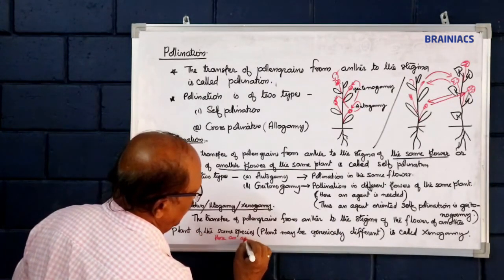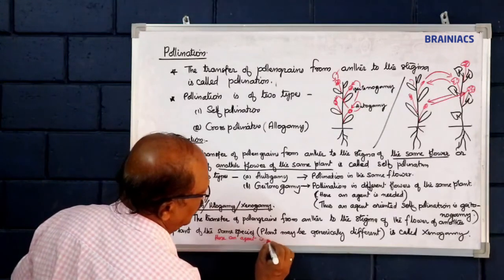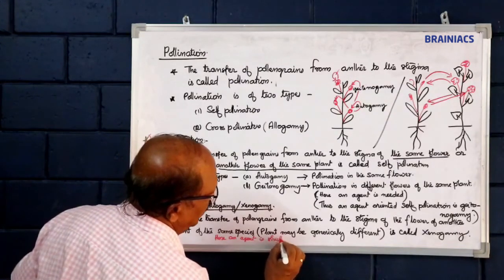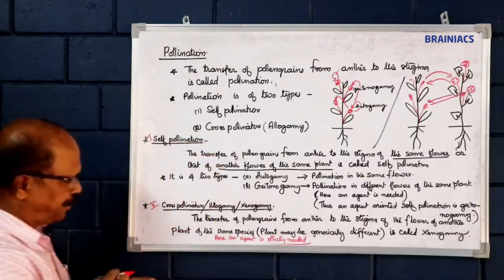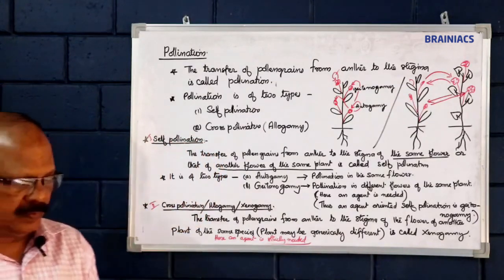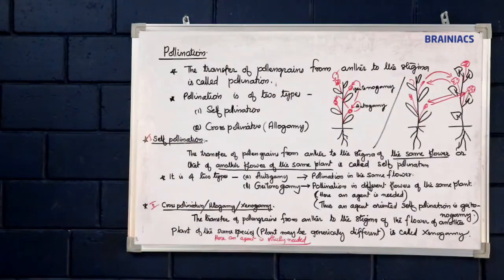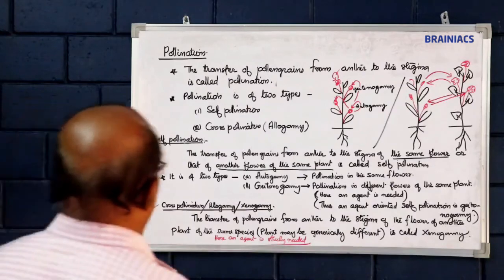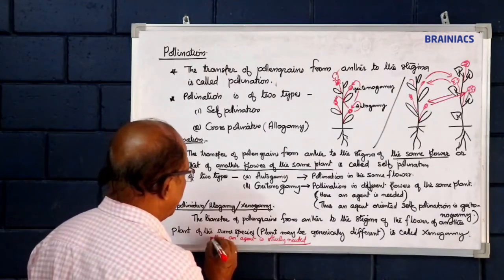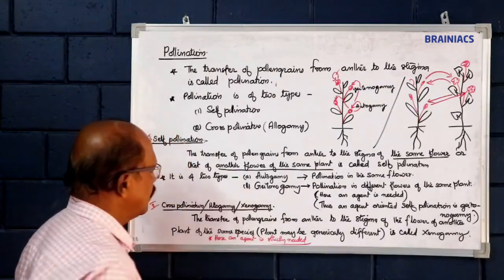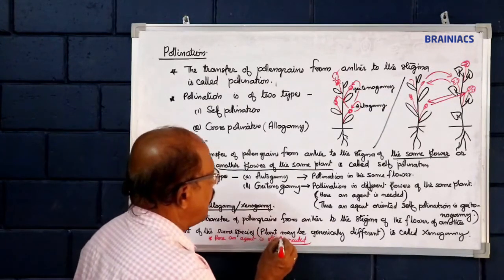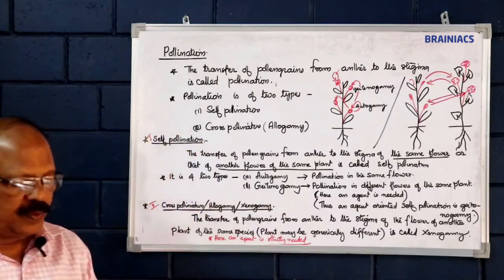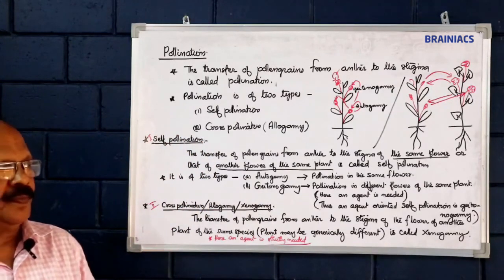Here an agent is strictly needed, otherwise there is no chance for cross-pollination.